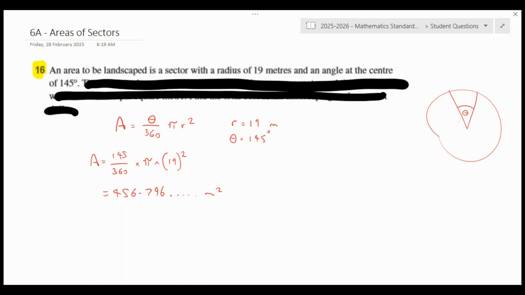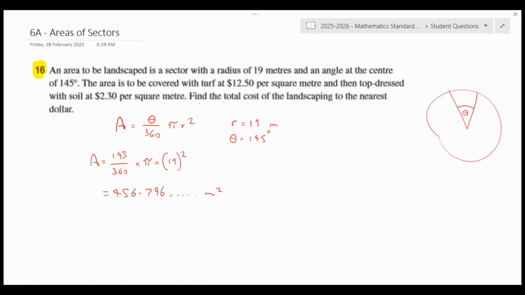Now, the only difference is this question hasn't actually asked us to find the area of the sector. We needed the area of the sector so that we could answer this question here, find the total cost. I said to you guys at the start of this whole course that standard maths is not easy maths. It's just different.